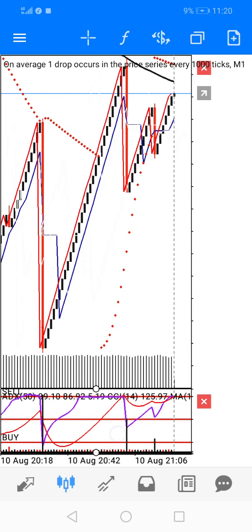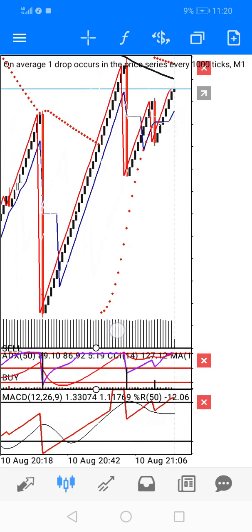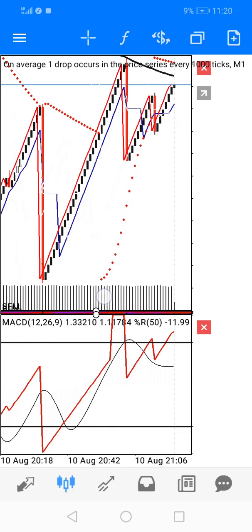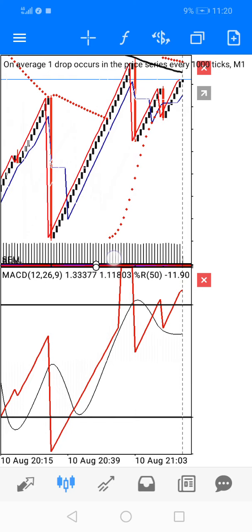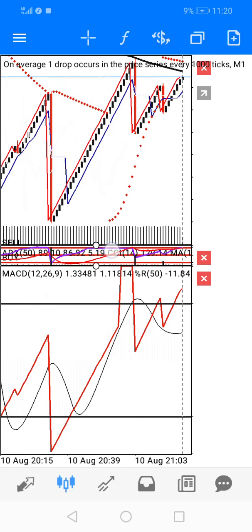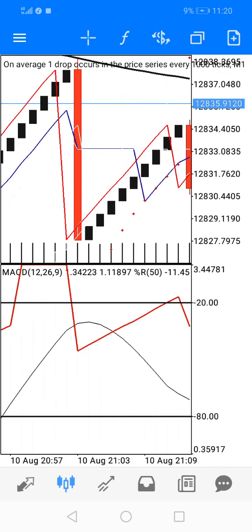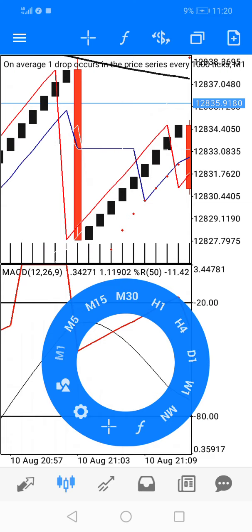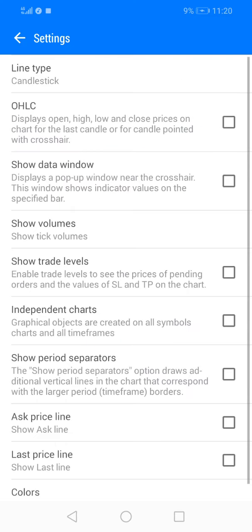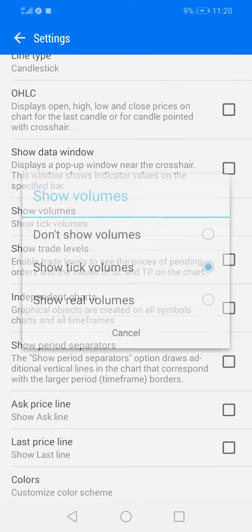Also I have this strategy right here. I'm trying to make it as quick as possible, so bear with me. I also understand that we do have new traders who keep asking for advice, so we have to bear with them. Go to settings and click on show volumes.